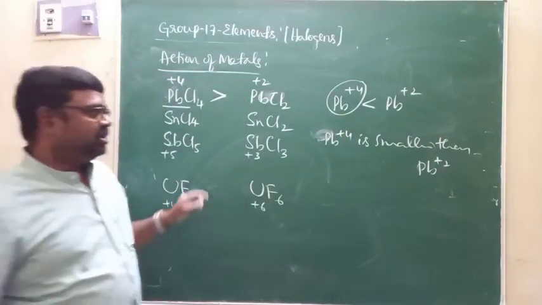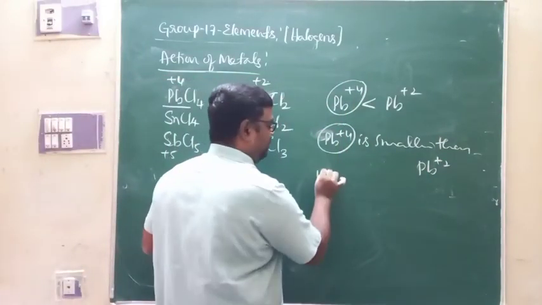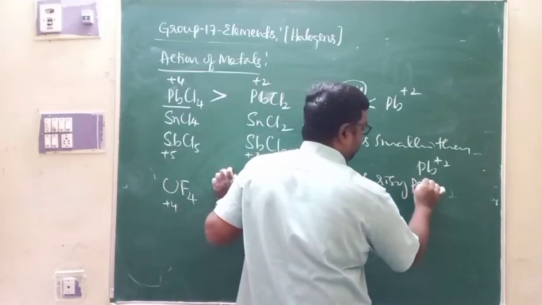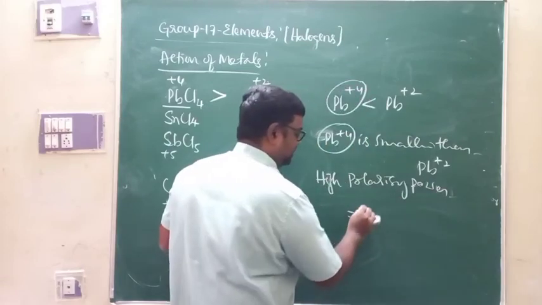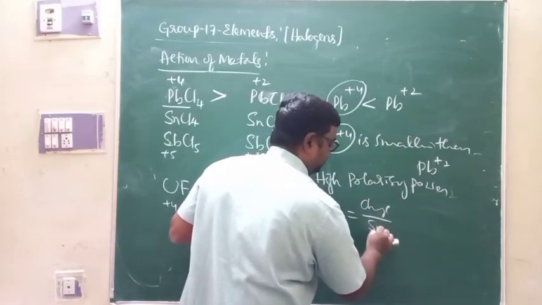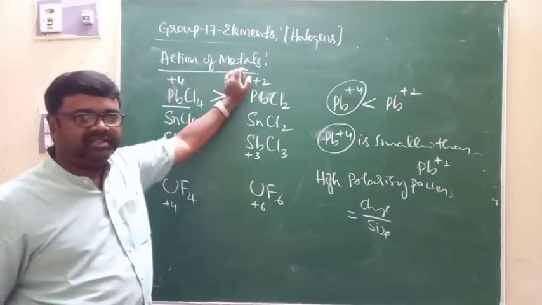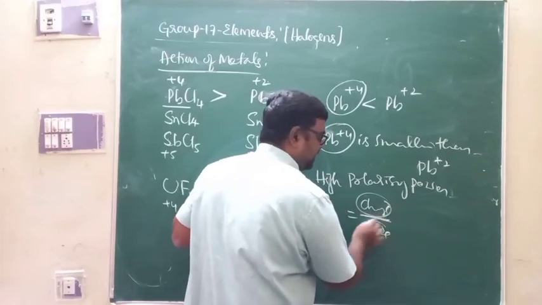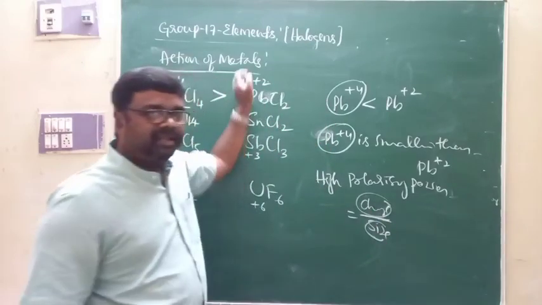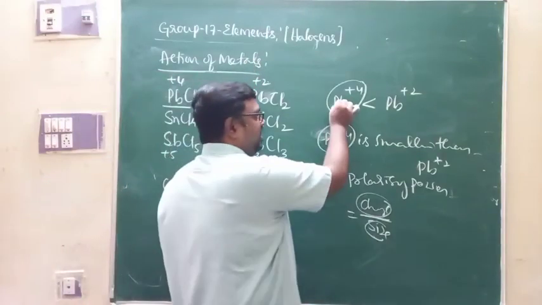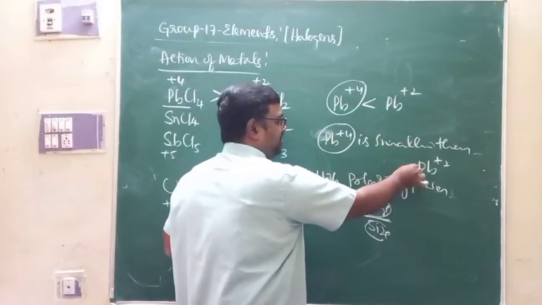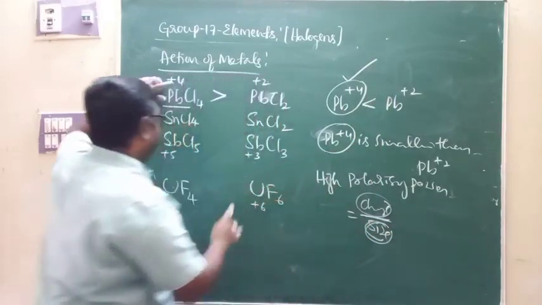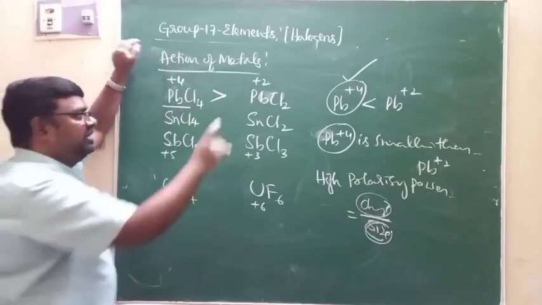According to Fajans' rule, a smaller cation will have high polarizing power. Polarizing power is the charge to size ratio, the magnitude of positive charge divided by size. If polarizing power increases, covalent bonding increases. Pb+4 is smaller than Pb+2, so as size decreases, polarizing power increases. Hence PbCl4 is more covalent than PbCl2.